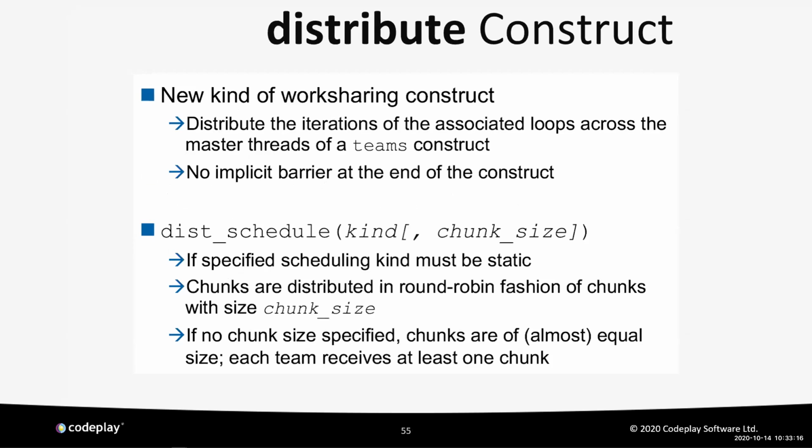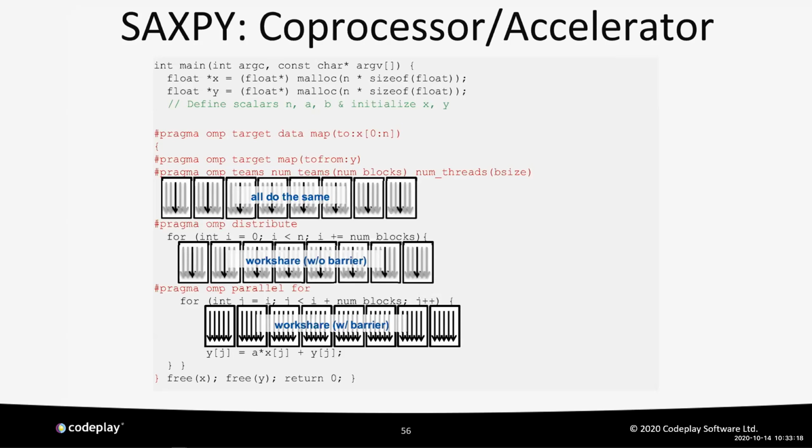I'm not going to go too much into distribution, but in the distribute, you can now distribute into a number of blocks. And then the parallel for creates a work share with a barrier, where all the members of the teams are active to work on that particular kernel.